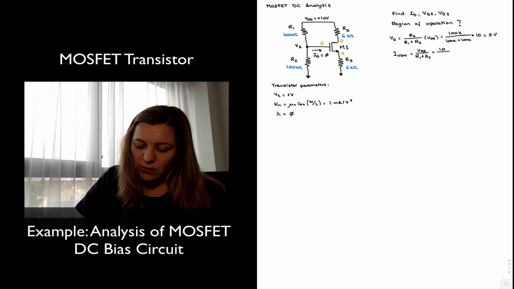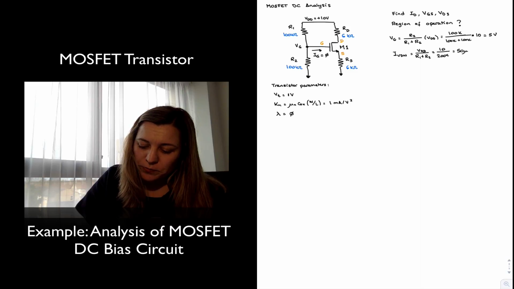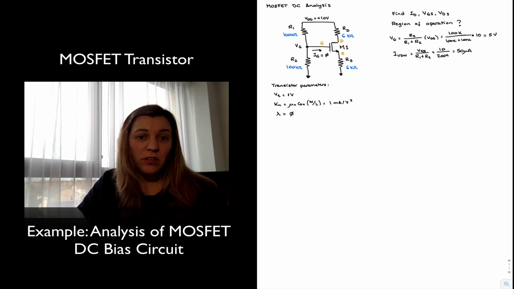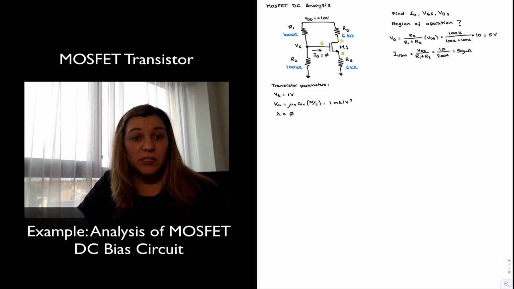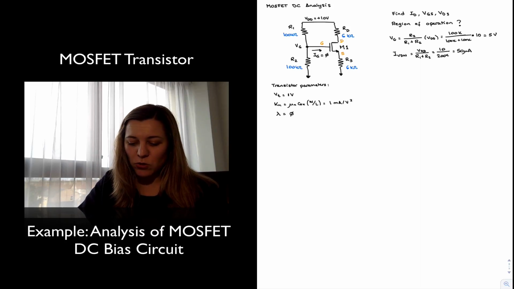That's 10 divided by 200K, or 50 microamps. It's not asked in this problem, but it's typically an important consideration for our selection of resistors, as we want to make sure that we are not drawing too much power with our biasing networks.